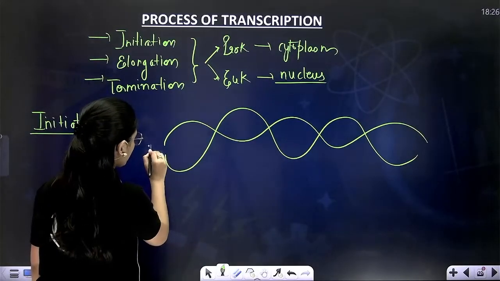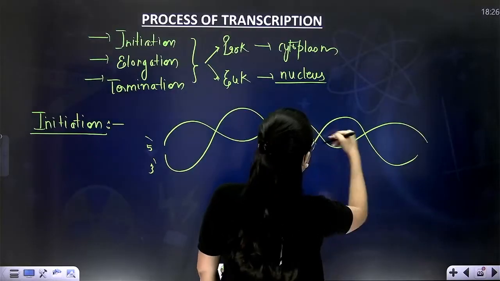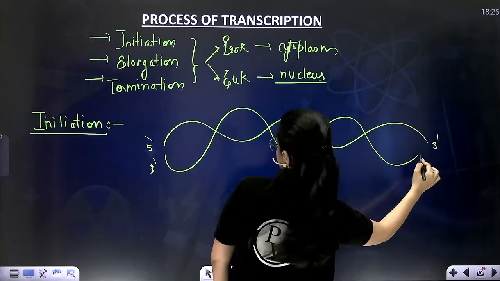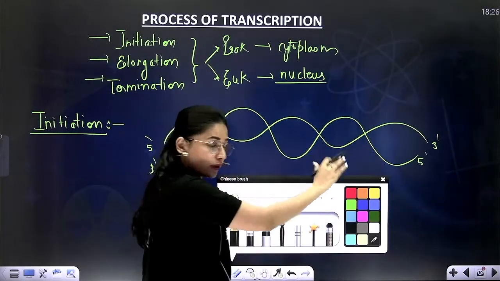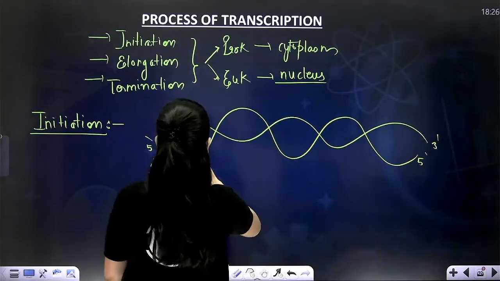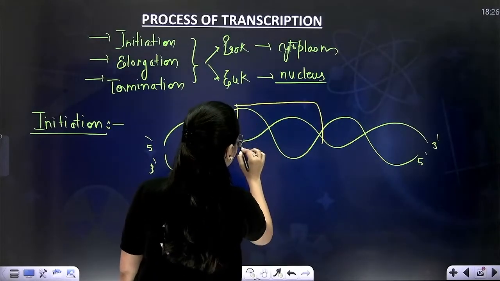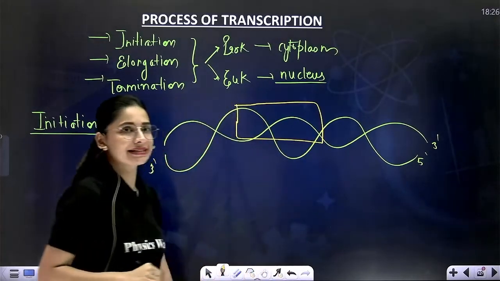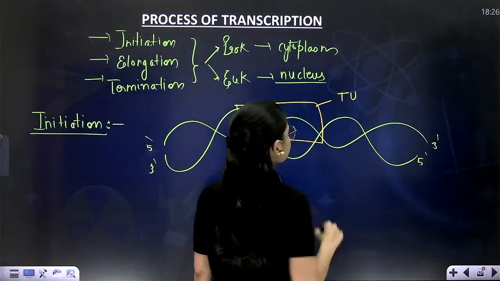Polarity will be reverse. Okay. Now this whole DNA is obviously not going to act as a template. Suppose only this much part of DNA is acting as the template. So this is known as the transcription unit.